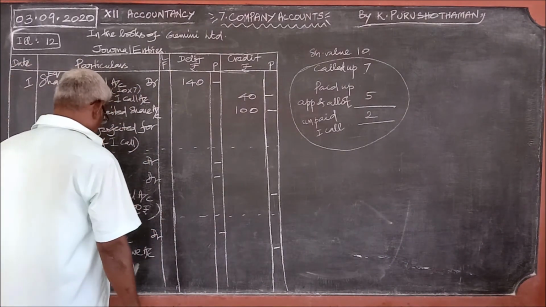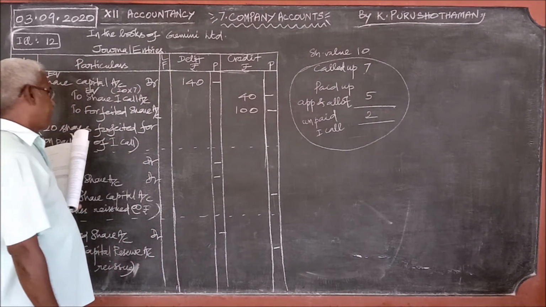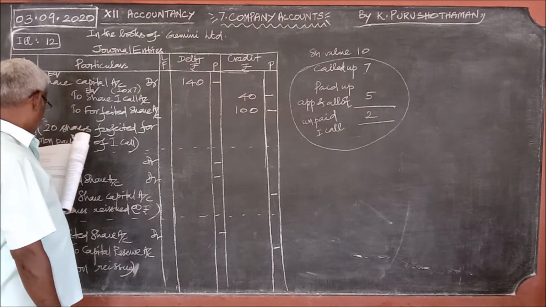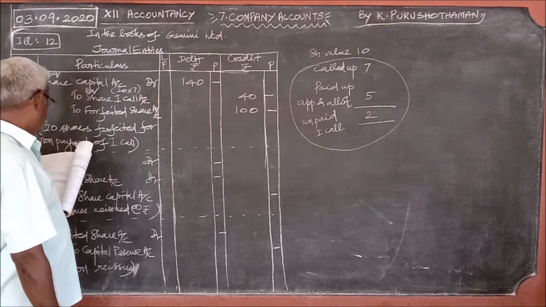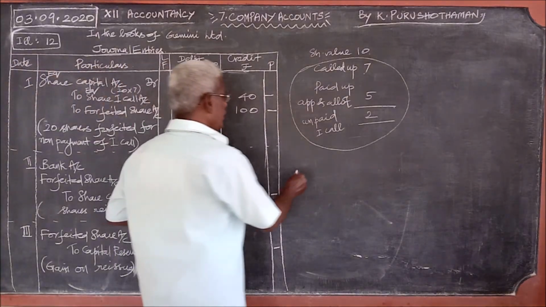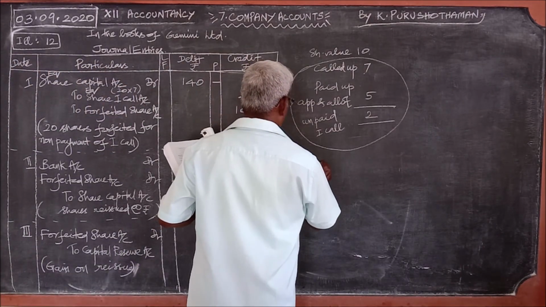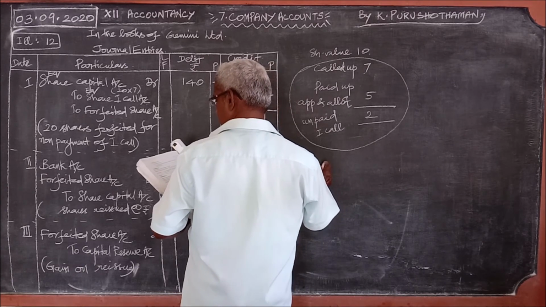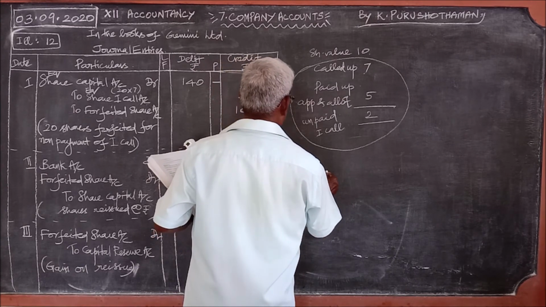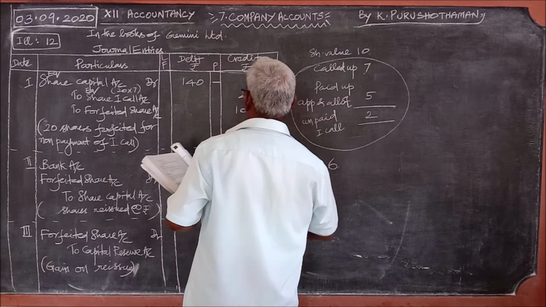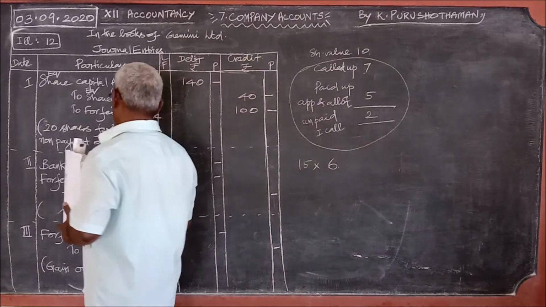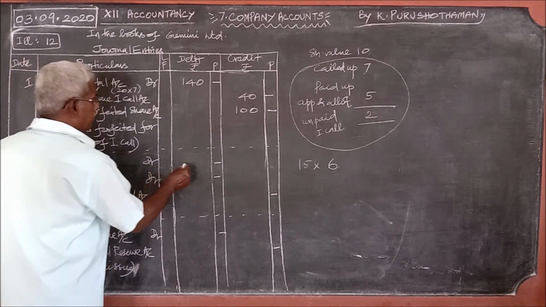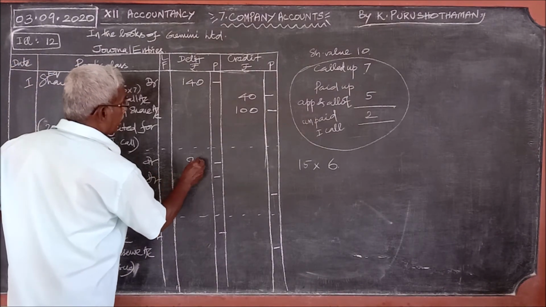So this is how you should fill up. To forfeited share account, 100. Out of these 20 shares, 15 shares only were reissued at the rate of 6 per share. So 6 into 15, bank 90 rupees will come.